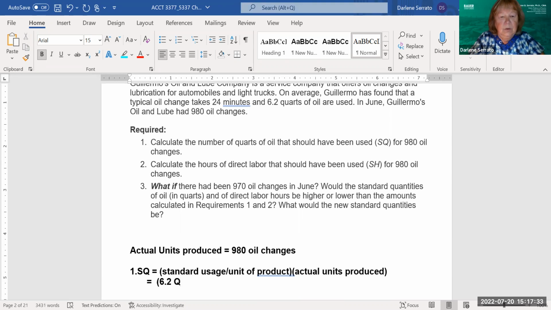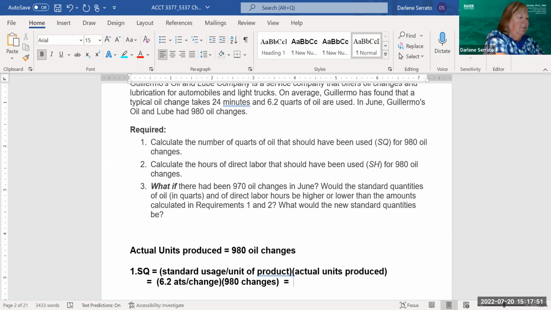6.2 quarts per change times 980 changes.